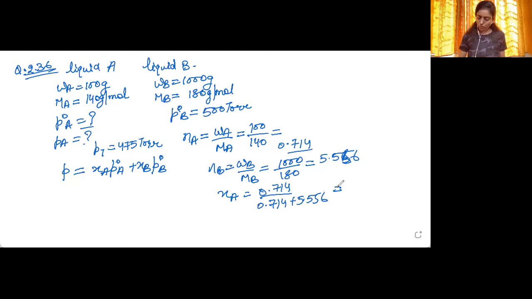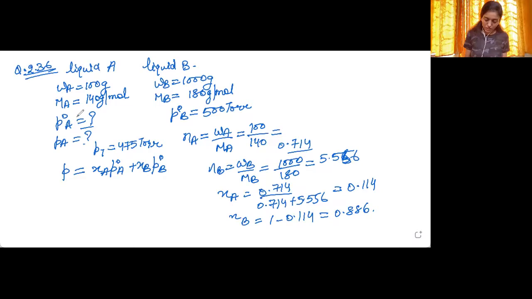It's coming out to be equal to 0.114. So XB will be equal to 1 minus 0.114, which is equal to 0.886. Put the values, get the answer.